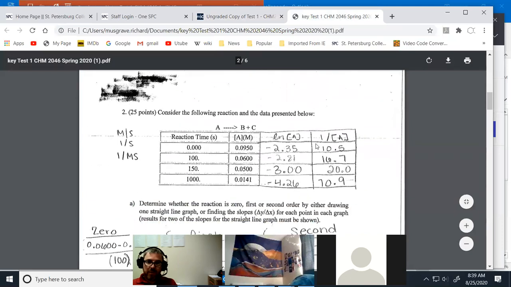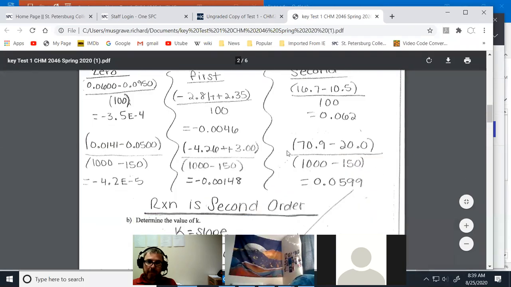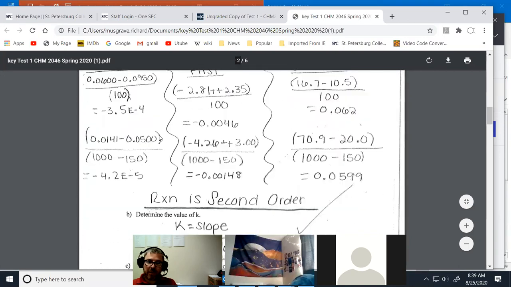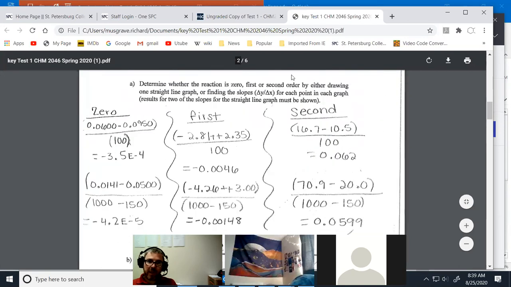You find the log of A, you find 1 over A for each of these, and then you do the slopes of the first point and second point and the third point and fourth point. So the first 2 and the last 2. Find the slopes, see which one has the same slopes. That's a straight line. It could be any of those 3.